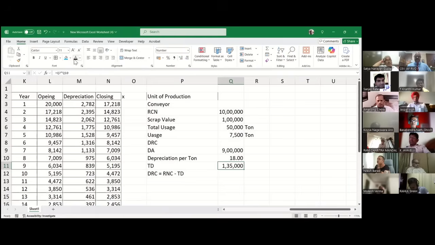So what will be DRC? 8,65,000. ओके, कोई डाउट किसी को?